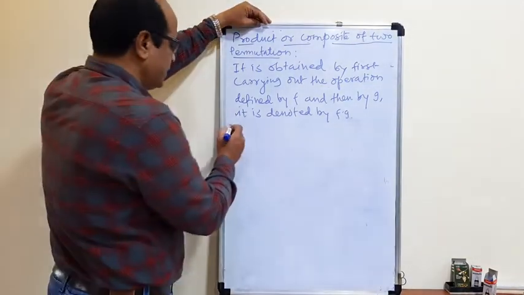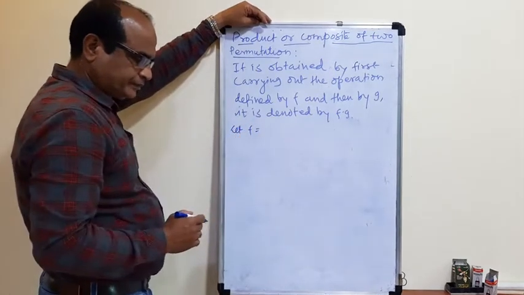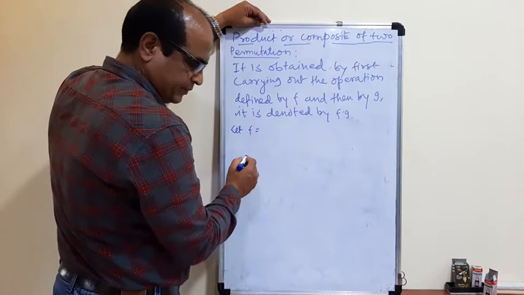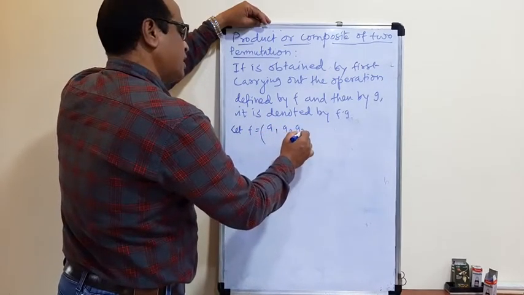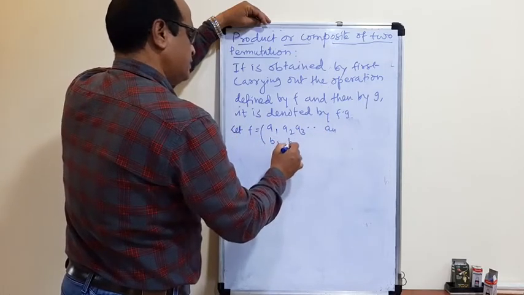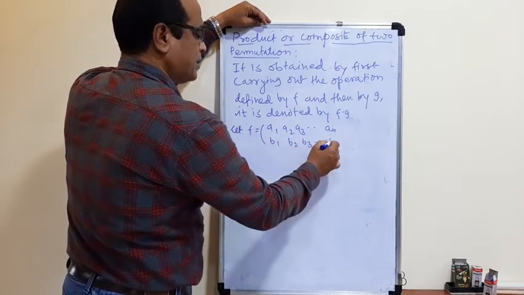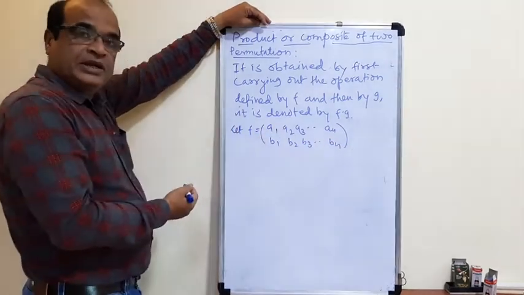So we take an example. Let F be the permutation A1, A2, A3 up to An over B1, B2, B3 up to Bn. This is a permutation of degree n.